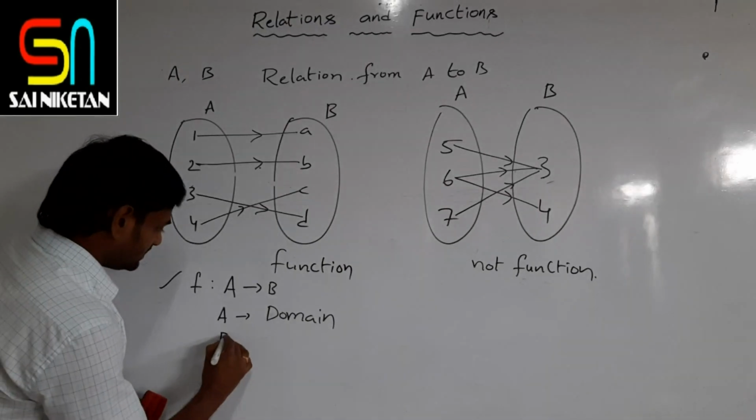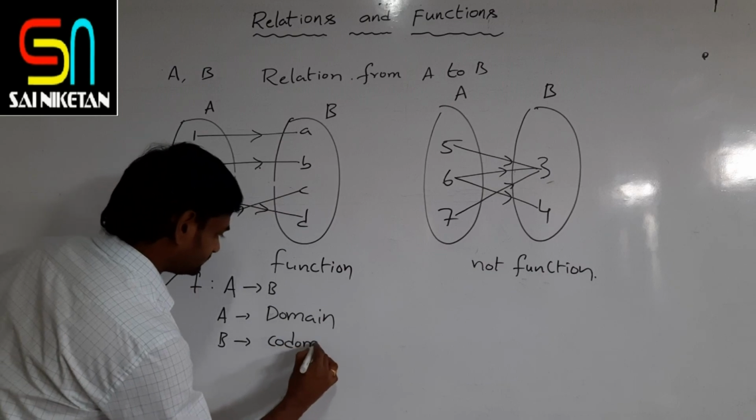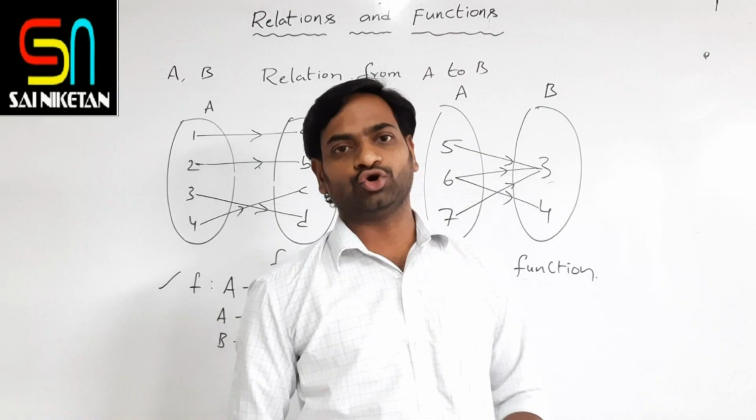Next, the second set B is called codomain.